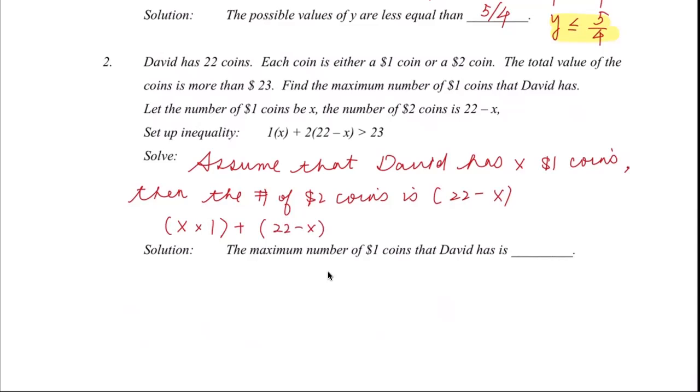Each coin represents $2. So the value should be 22 minus X times 2. Right? So this expression represents the total value of the $1 coins and the $2 coins. And we know that the total value of the coins is more than $23 because this is given in the question. That means the value of the coins is more than $23.